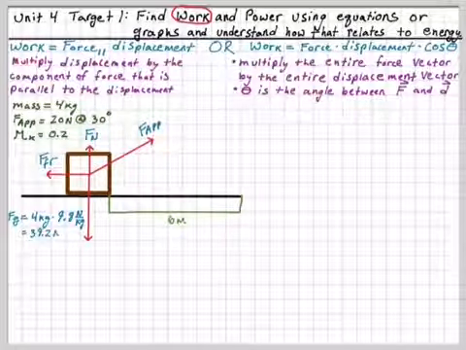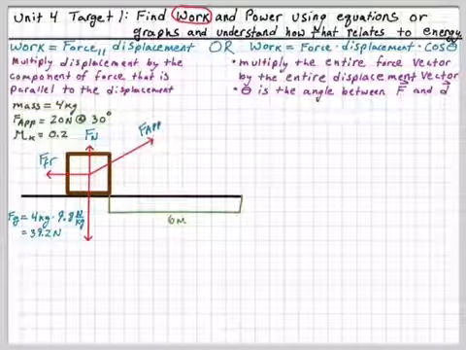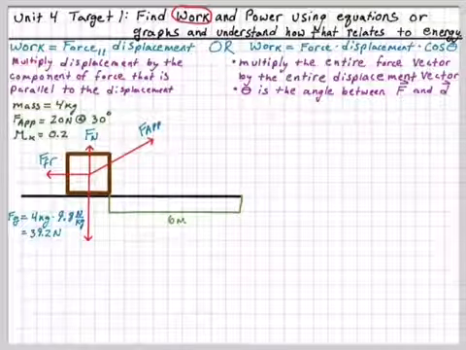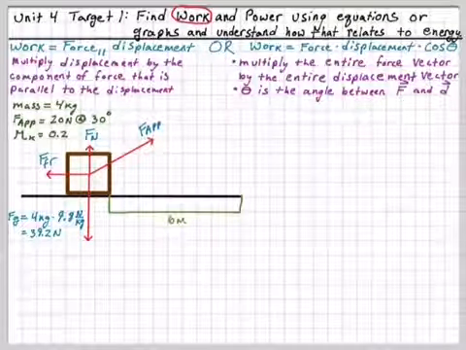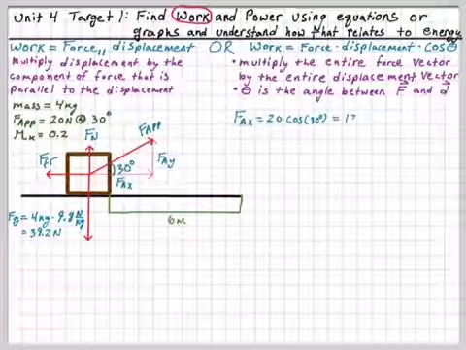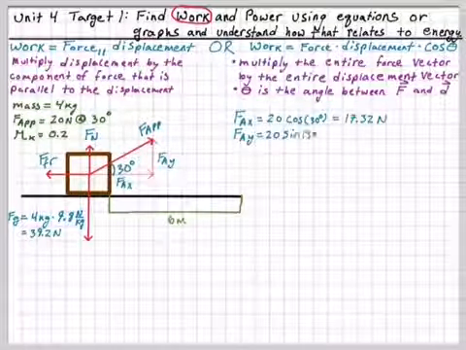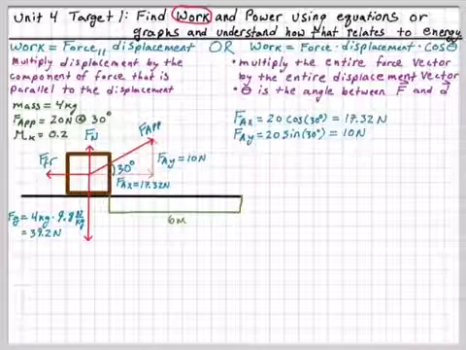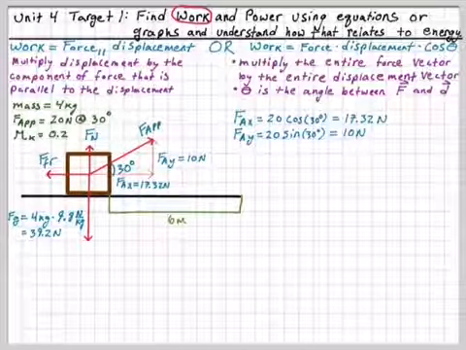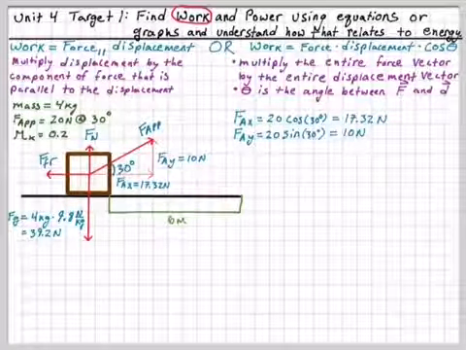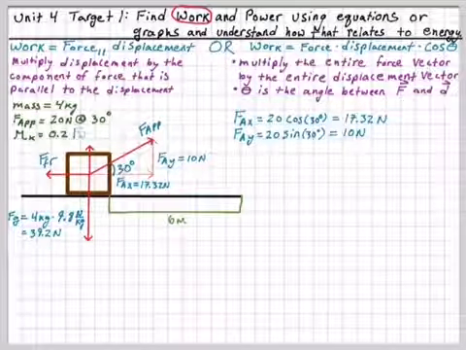All right, let's calculate some values for these forces. So force gravity is the mass times the gravitational field strength, and that comes out to be 39.2 newtons. The x and the y components of force applied are going to be the magnitude of force applied, which is 20 newtons, times cosine of 30, and 20 newtons times sine of 30. So there we've got our x and our y components of the applied force.